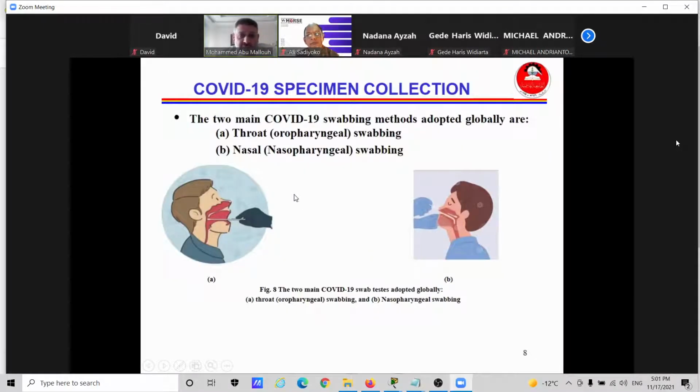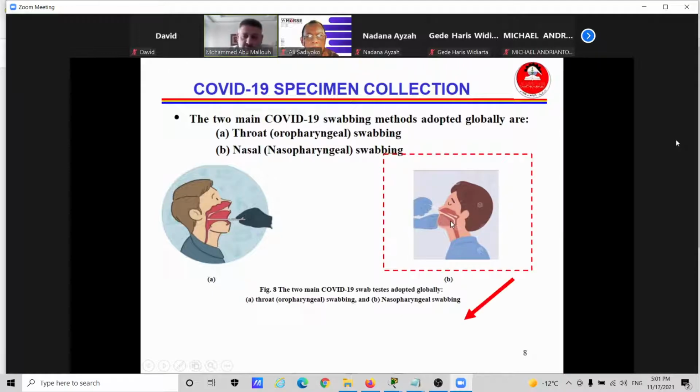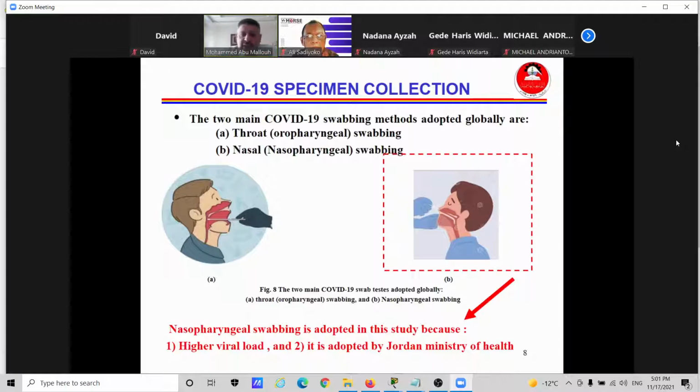Now, quickly, I need to talk about the two types of swabbing methods that are adopted globally. A, shown in the figure on the left, is throat or oropharyngeal swabbing, through the mouth. And B is nasal or nasopharyngeal swabbing, through the nose. Which one is better?